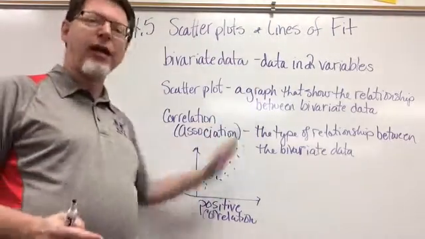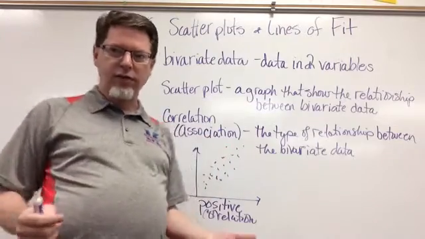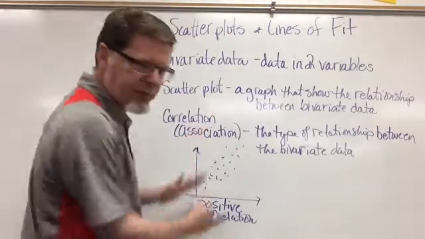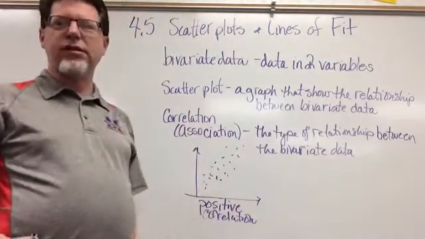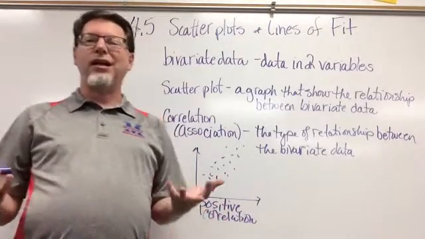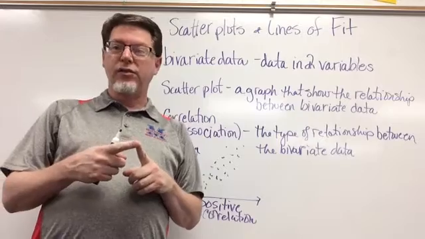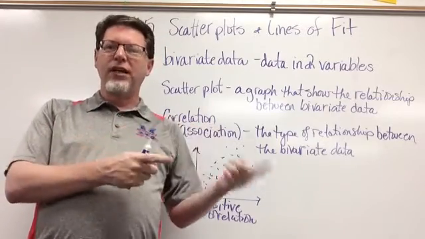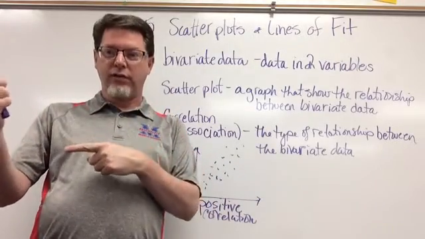Now it does not form a line. In scatter plots, we don't typically form a linear function. It's just scattered all over the place, but they seem to be rising. So as the x increases, the y increases as well. This could be something like, say, the number of tickets to a movie sold and the amount of profits for the movie. As the number of tickets increases, the amount of profit they earn from that movie increases.